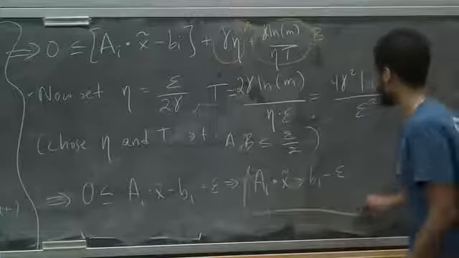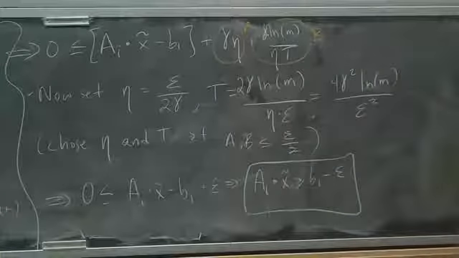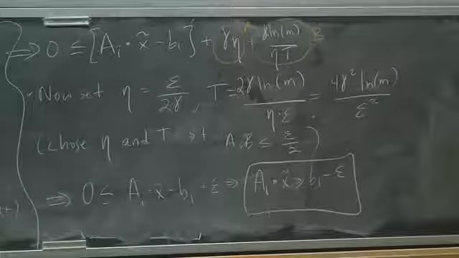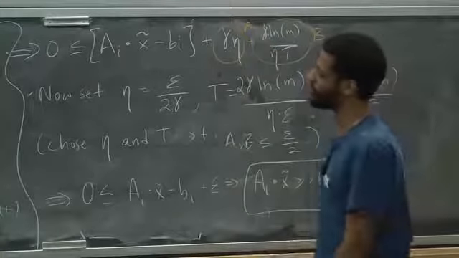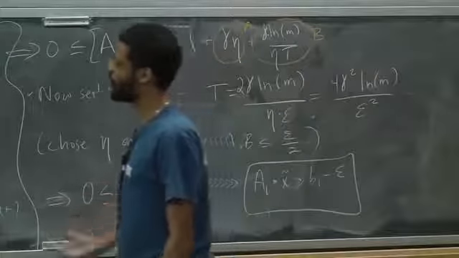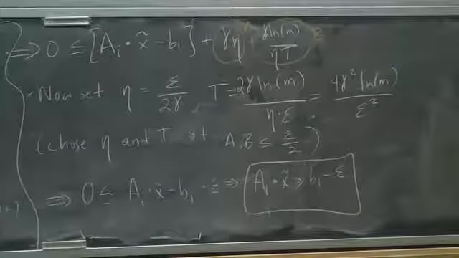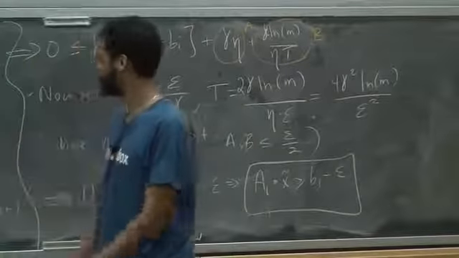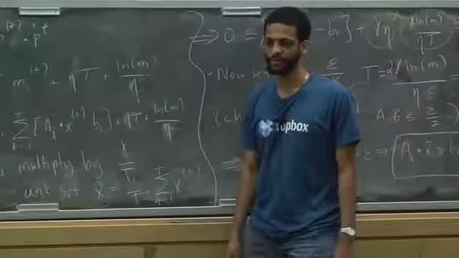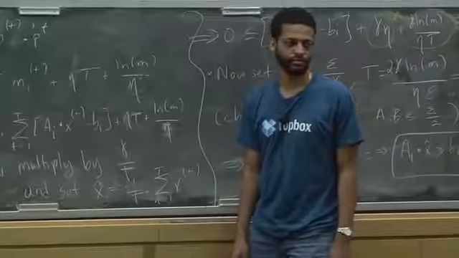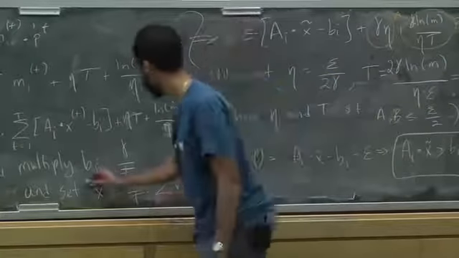And this is true for all i. So that's it. How do you use multiplicative weights to get an almost feasible solution to the original problem? You keep running this oracle at every step to give you an xt, and at the end of the day, your almost feasible x is the average of all the xt's that you've encountered so far. This is your final output.